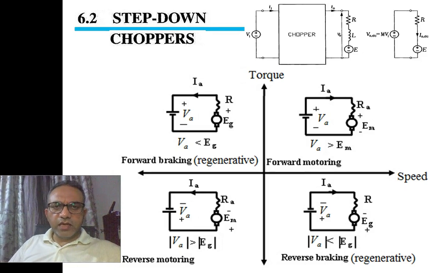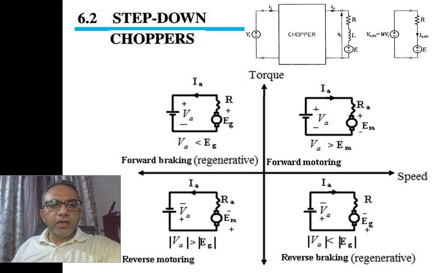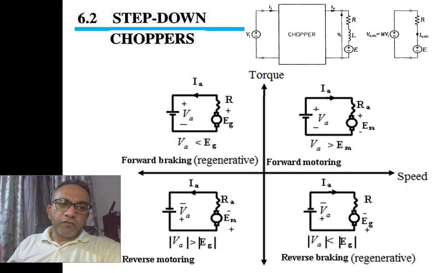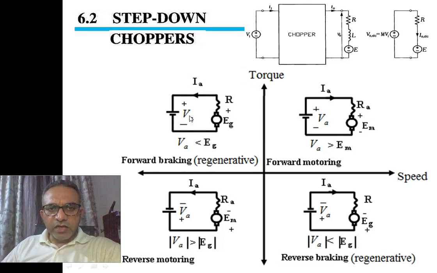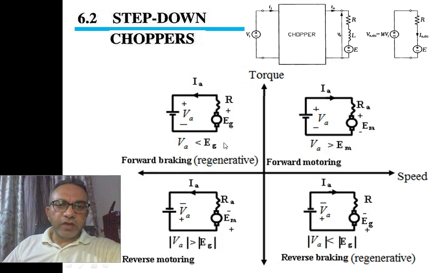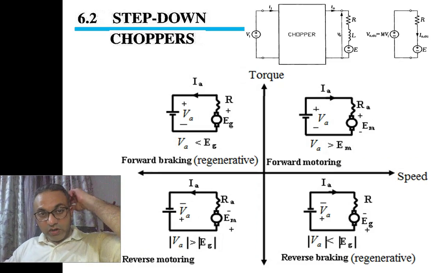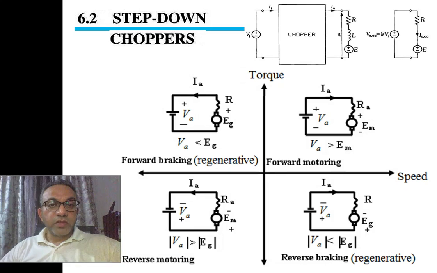And then in the second quadrant, we have forward braking. This can also be called clockwise braking. That is, the motor is rotating clockwise, but at the same time we are reducing the speed. As a result, the energy must flow from the motor into the source, into the chopper. Here the back EMF is now greater than the source voltage.